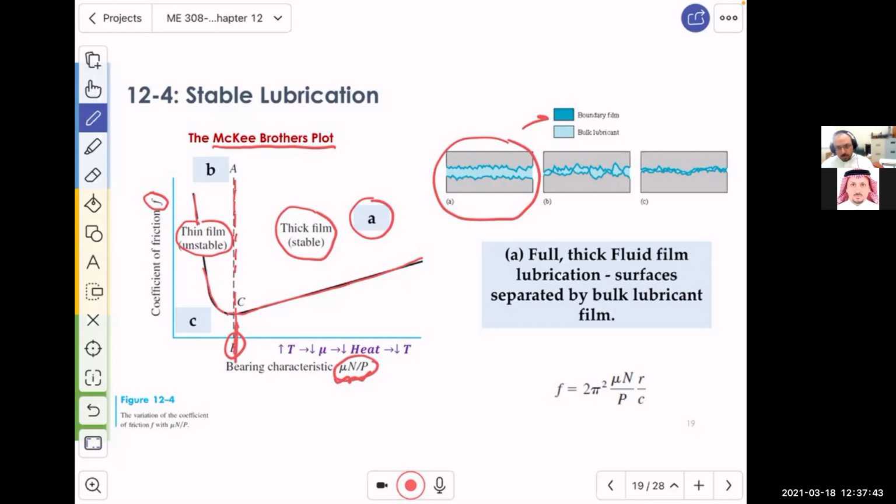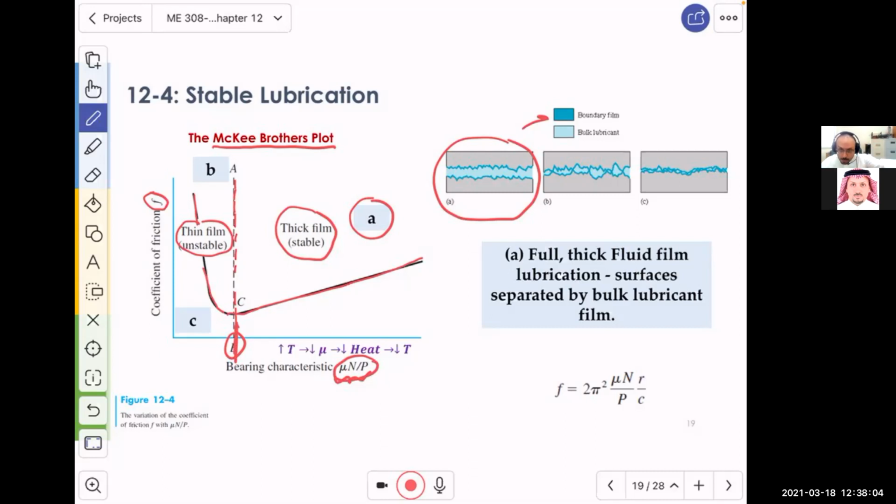So go and do it. I will decrease the pressure, or increase the viscosity, or increase the RPM, and do the analysis so that you end up on the right-hand side. Now, when you are on the right-hand side, why do we call this a stable condition?